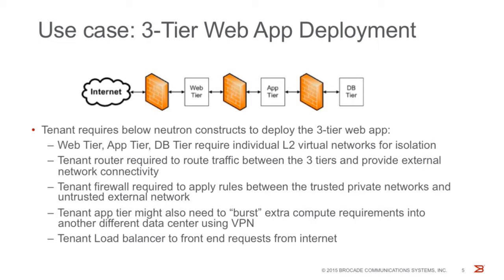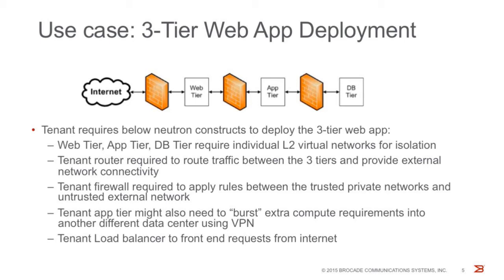We already had a brown bag on overlay support in our VDX products that goes into detail on that. In addition to that, you would also need the tenant router support that routes the traffic between these 3 tiers and also provides the external connectivity to the internet. And you might want to protect your private network from the internet using a firewall, which is the tenant firewall here.